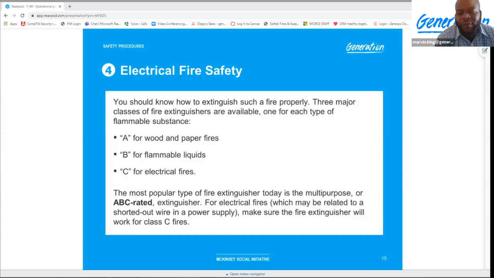I dropped the link for the PNG for the fire extinguishers too in the chat. Excellent. And most of the ones you will come across typically are A, B, C rated, so rated for all three. It's a good idea just to know where they are in any given building where you're at.